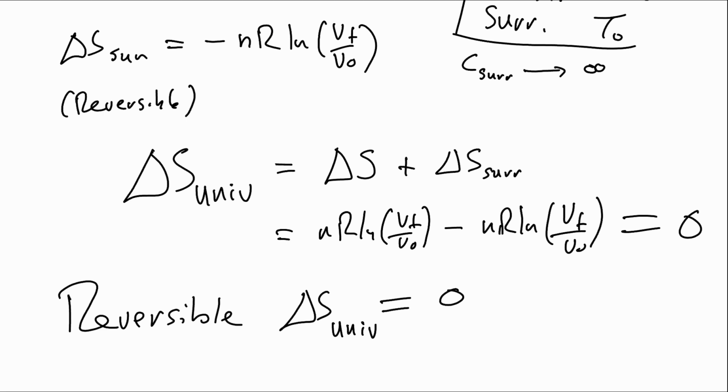So what do you think delta S by its definition would be for that gas? 0. So if I compress the gas adiabatically and reversibly, delta S is 0 just of the gas, and the tug of war between temperature and volume, wanting to make the entropy go up or down, exactly balances for that one.